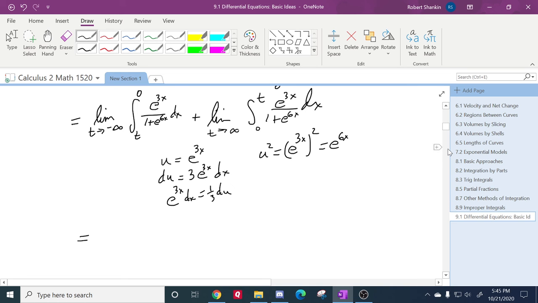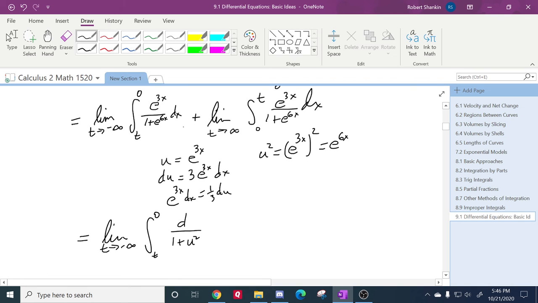So then this is a limit as t approaches negative infinity, integral from t to 0 of, and we get this almost the same thing in both cases. In the bottom it's 1 plus u squared. And then the top, it becomes du.